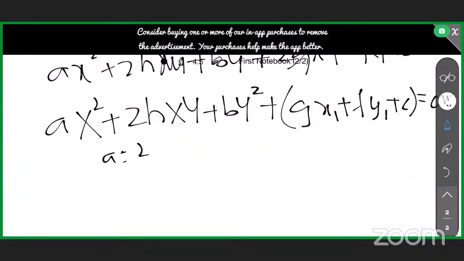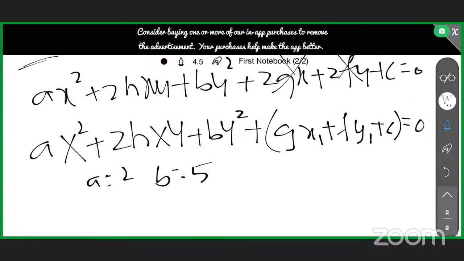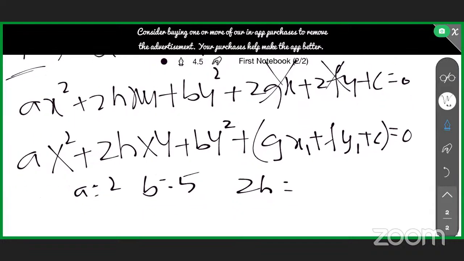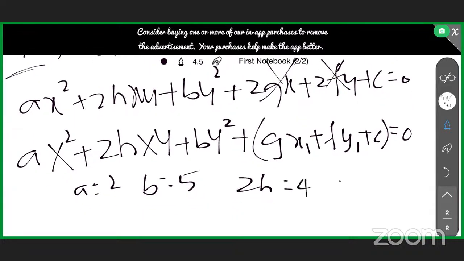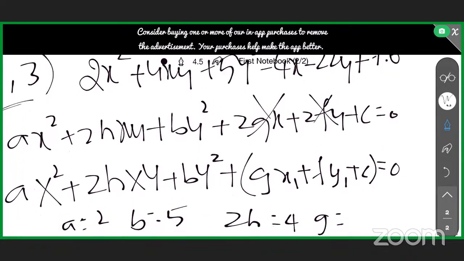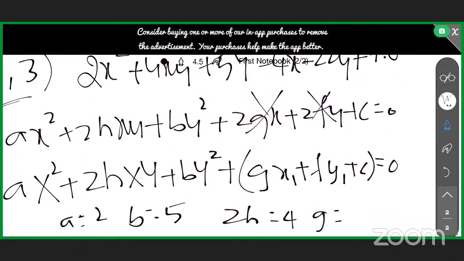A value is equal to 2. What is my B value? B value is equal to 5. What is my 2H value? 2H value is 4. Then what is my G value? Minus 4.